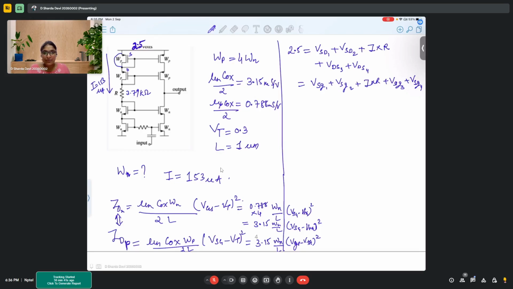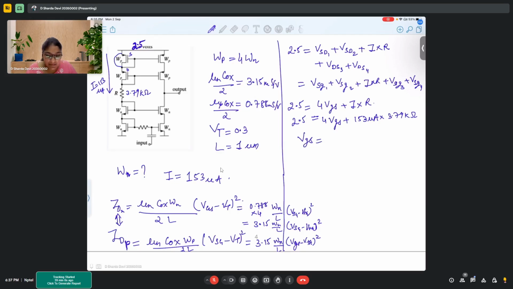VSG is also equal to VGS. So from that, I can write it as 4 times VGS plus I into R. Now I know the value of I into R, right? So I can substitute it over here. 4 VGS plus I is 153 microamps into R is 3.79 kiloohms.